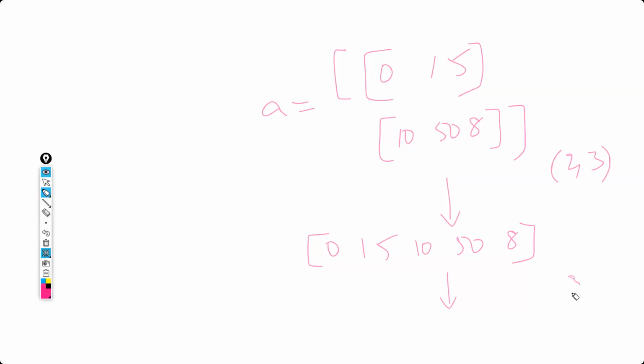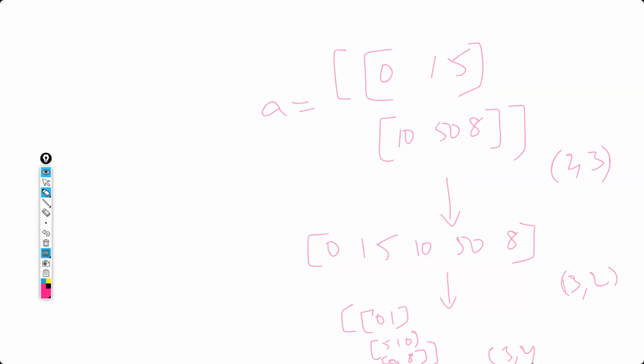After converting to 1D, whatever new shape you are applying will be applicable. Now if you are asking 3, 2, that means 3 rows, and it is going to work like this and give 3, 2 in this way. So first it will convert to 1D, and from there it will convert to whatever shape you require.